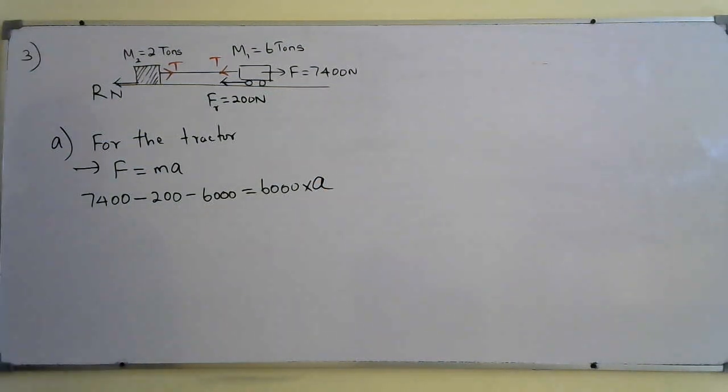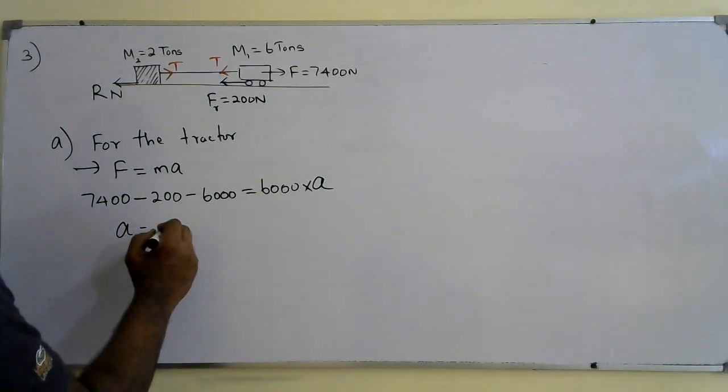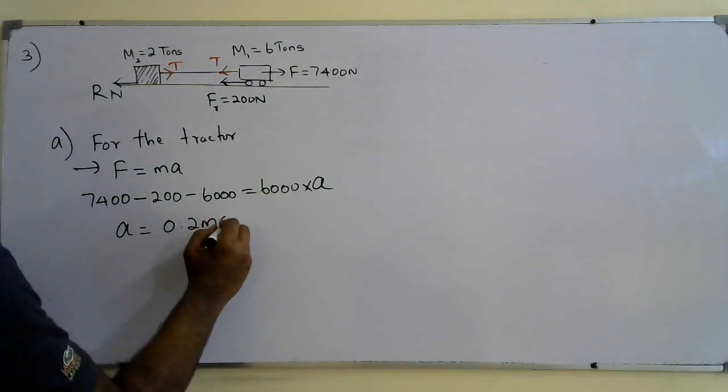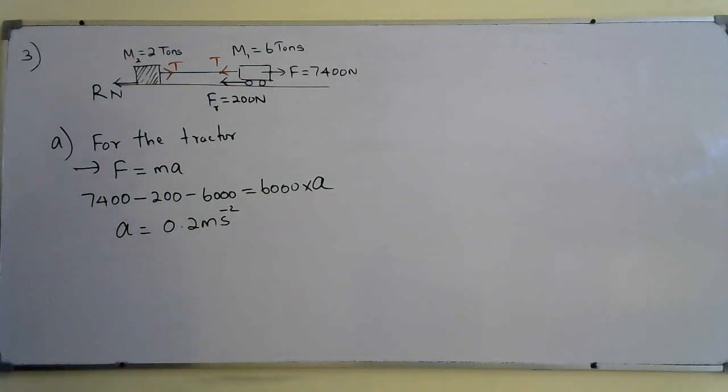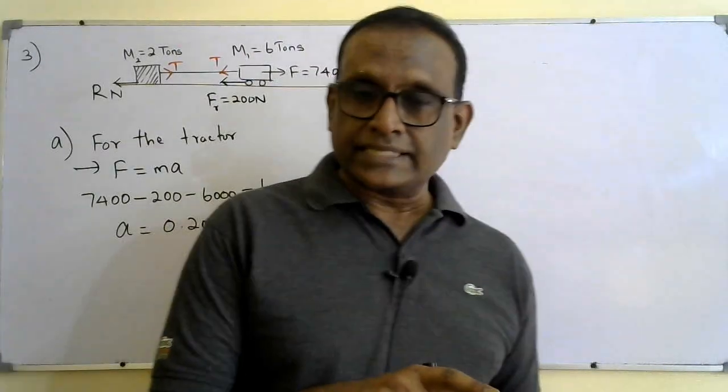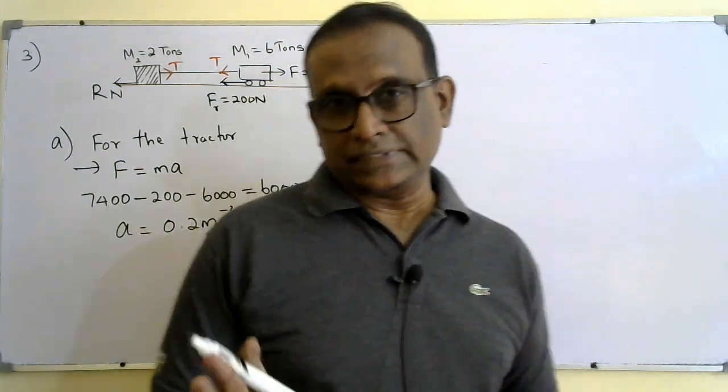So I can solve it and you will get A. That will be 0.2 meter per second squared. That's the acceleration of the tractor. It means the box also should have the same acceleration because it's an inextensible string.